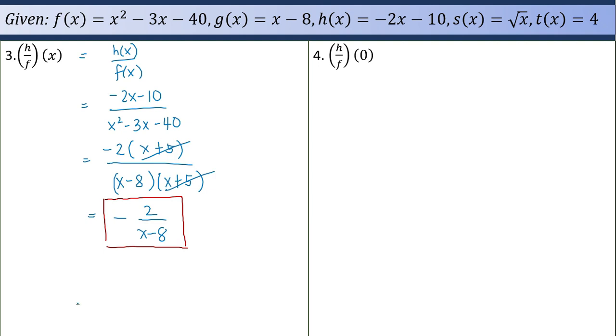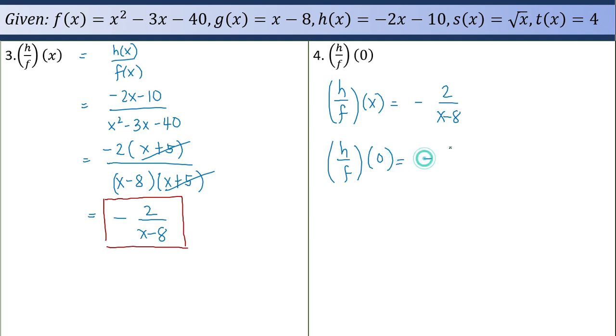Finally, for number 4, we have h over f of 0. So take note, again, na-solve na natin ang h over f of x doon sa ating number 3. And this is equal to negative 2 over x minus 8. Tama ba? So para makuha ang number 4 na h over f of 0, isa-substitute lang natin ang 0 doon sa x.